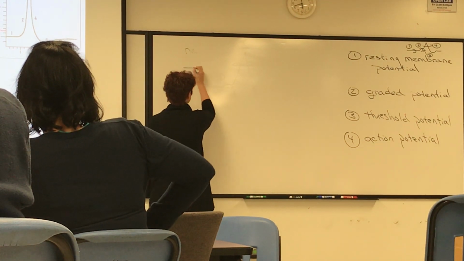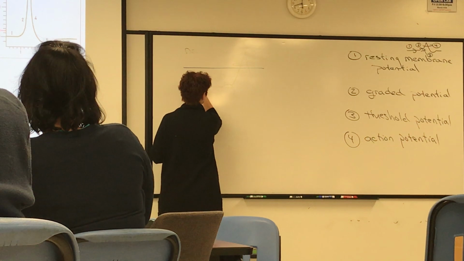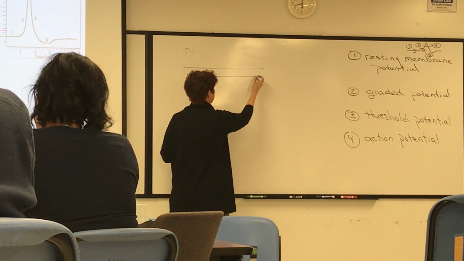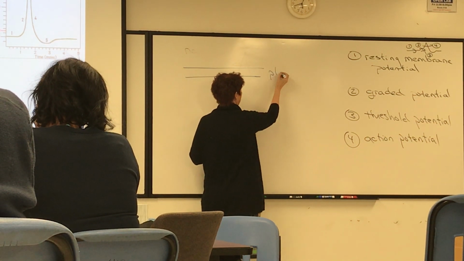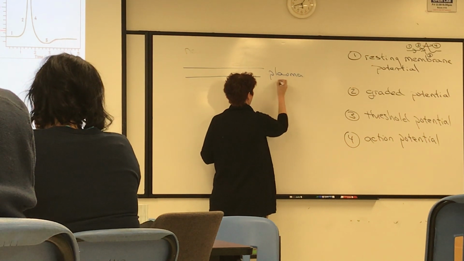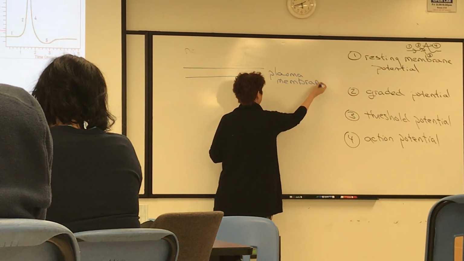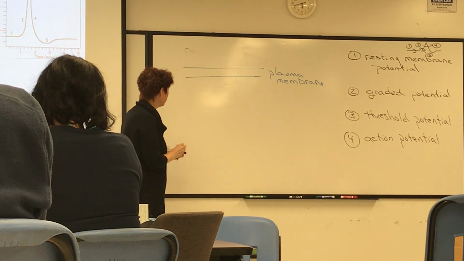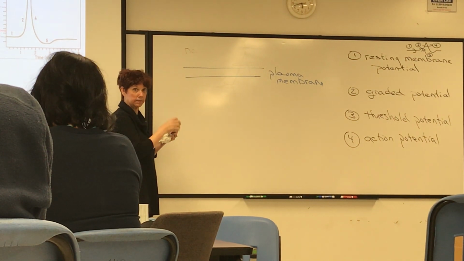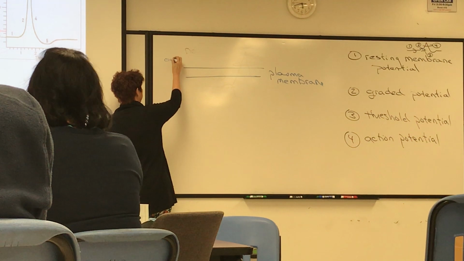We have our plasma membrane, and what ion is higher in number outside the cell than inside the cell? Sodium.